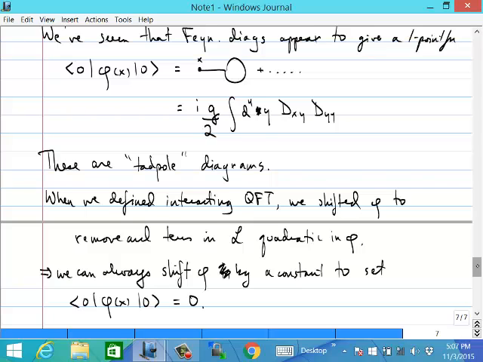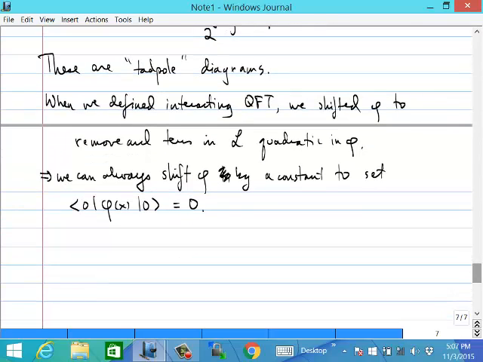To say that a little bit more precisely, one of the things you should note is that if you think about this one-point function, the expectation value of phi in vacuum, the first thing to note is that this is just a constant in space, by translation invariance.